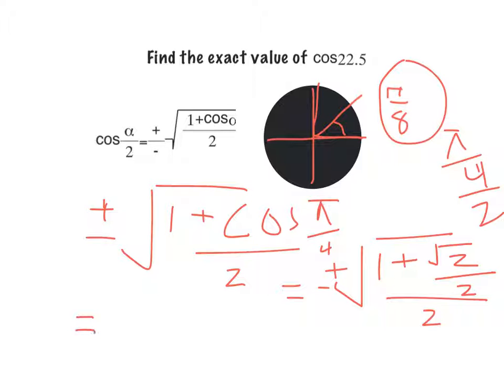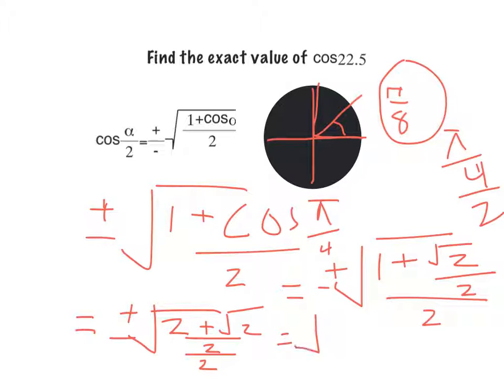First, make the same denominator, and that will give us 2 plus square root of 2 over 2, divided by 2, which will end up being 2 plus the square root of 2 over 4.